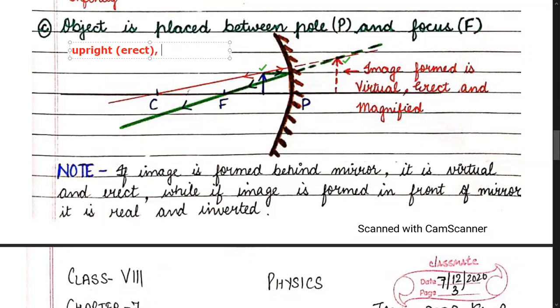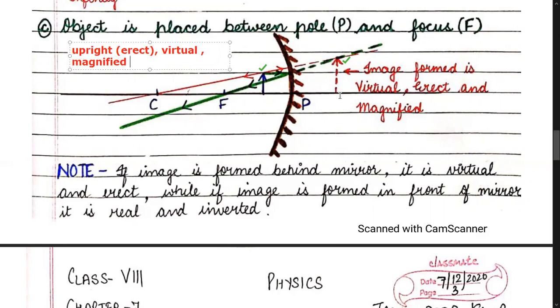So students, if the image is erect, it is always virtual, always. Okay, so the image is erect, it is virtual, and see the size. The height of the image is more than the height of the object. So we say that the image formed is magnified. It is not highly magnified as it was in case B. Rather, it is just magnified.